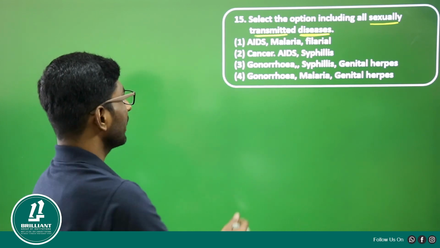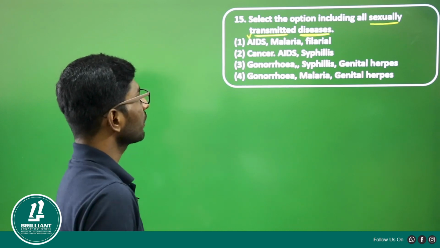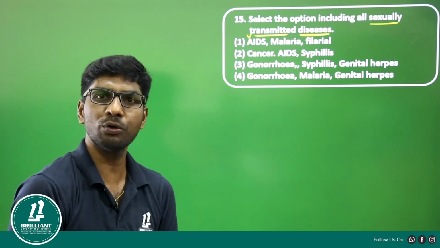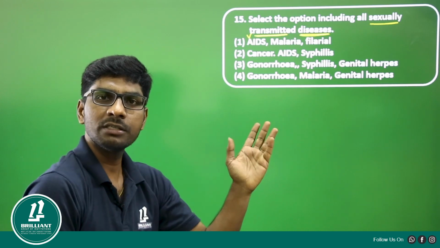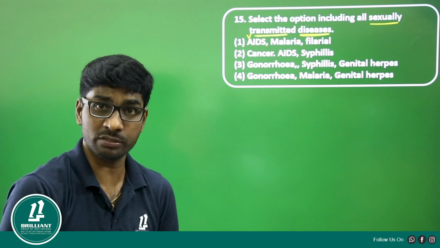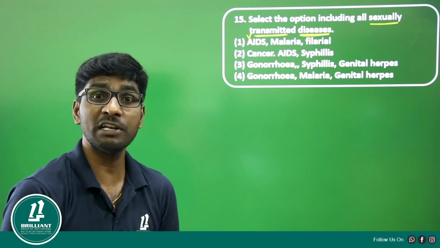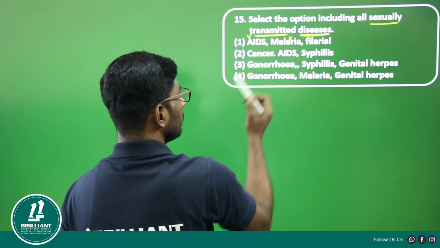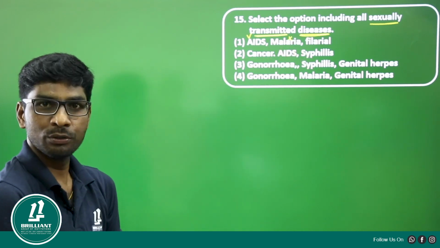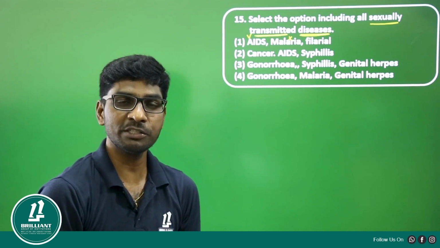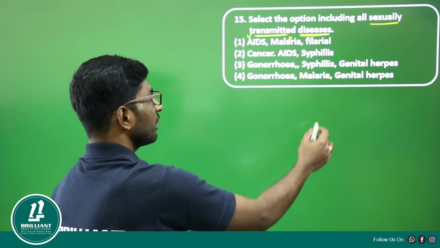Fine, I agree with this one. AIDS. Malaria. Is malaria an STD, a sexually transmitted disease? No. This is one of the diseases caused by the protozoan Plasmodium vivax, right? Female Anopheles mosquito bite. So this is not correct. So ignore this option. Filaria, Wuchereria bancrofti, nematode worm, Culex mosquito. So ignore this one. This is not an STD.